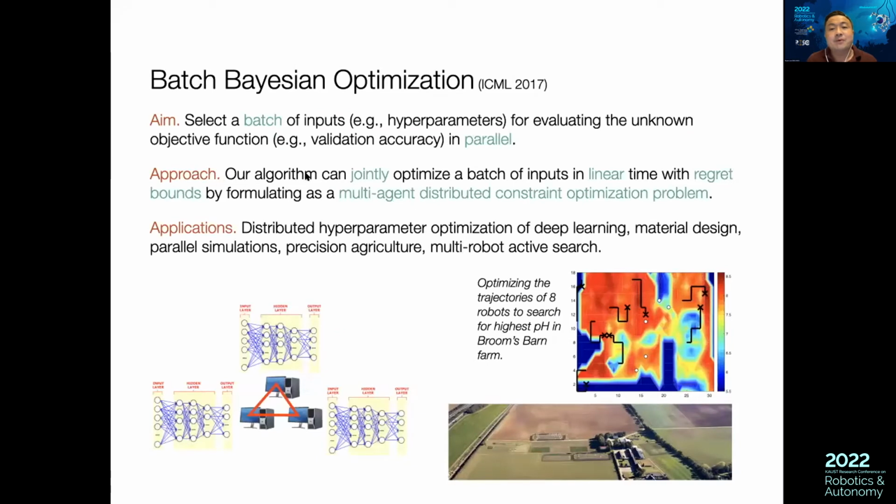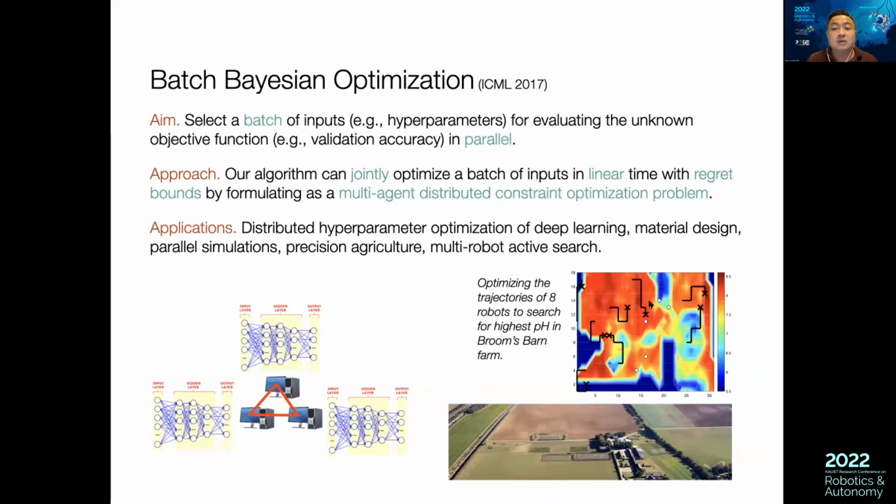Now, the next example is what we call batch Bayesian optimization. One example in the robotic application would be the following. Think about trying to figure out where the highest alkalinity would be on a patch of soil, and you are going to deploy a bunch of robots to figure out where it is.